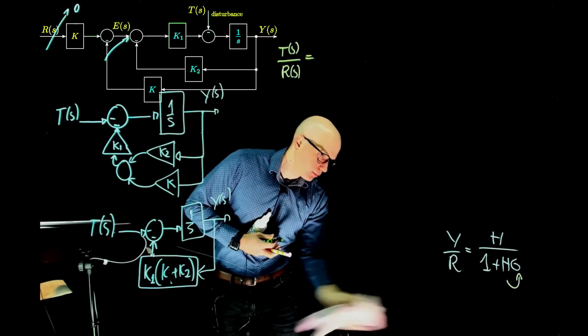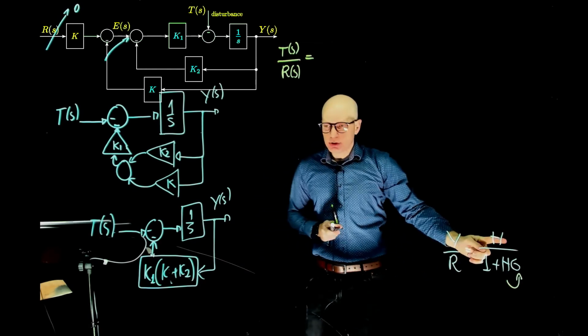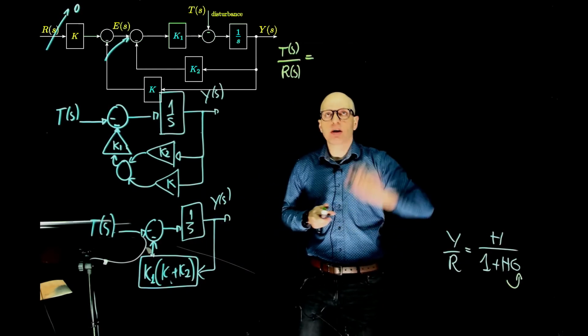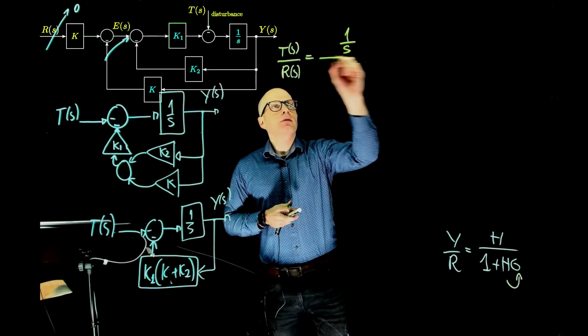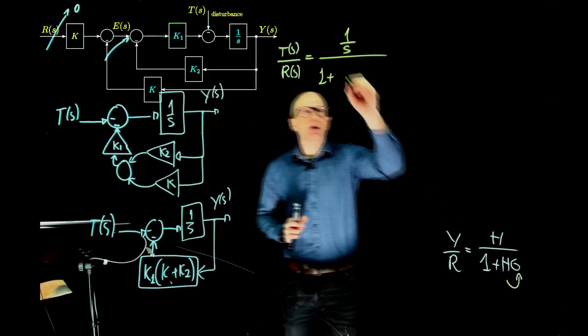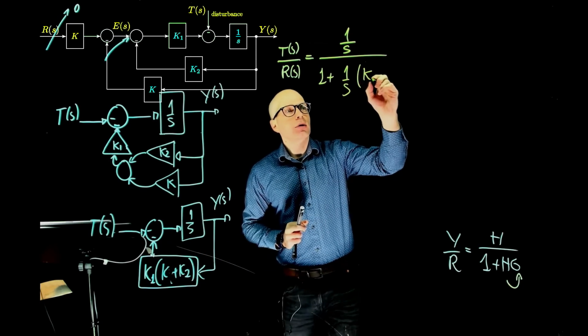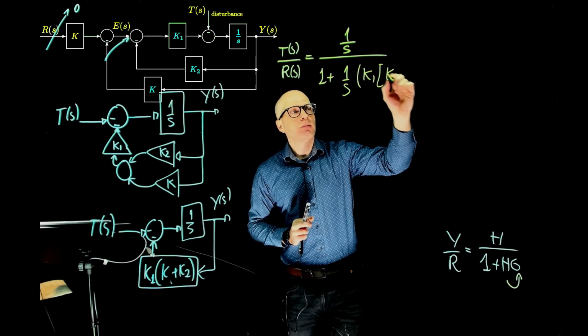So we have here basically the forward function, 1 over s, divided by 1 plus the loop function itself, 1 over s, times the feedback function, k1 times k plus k2.